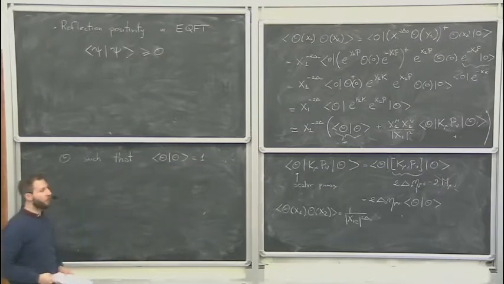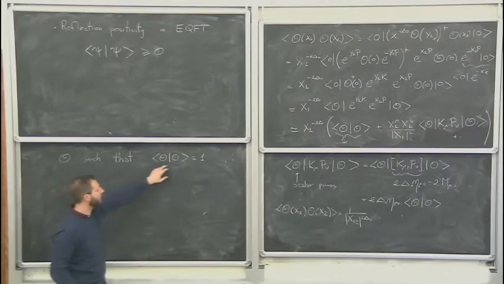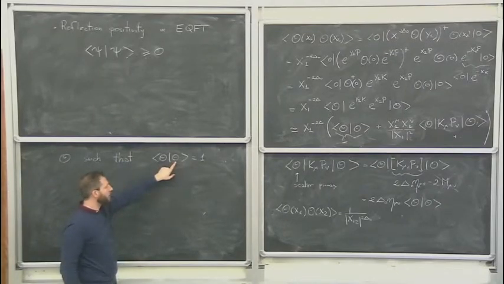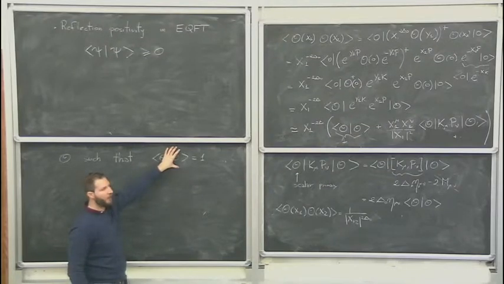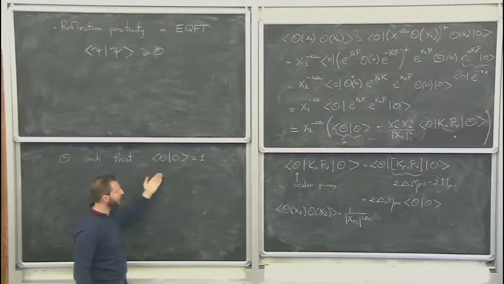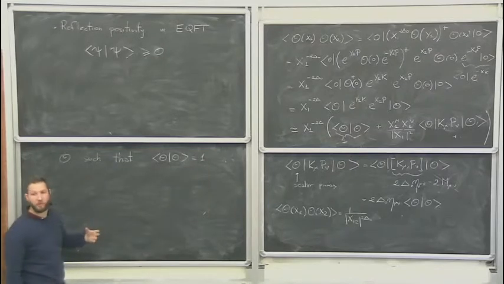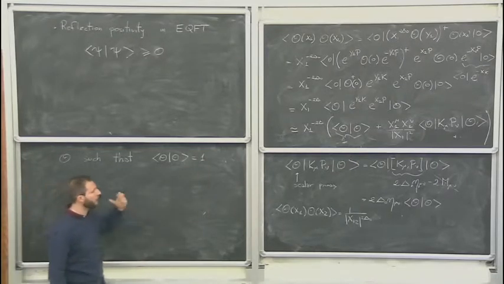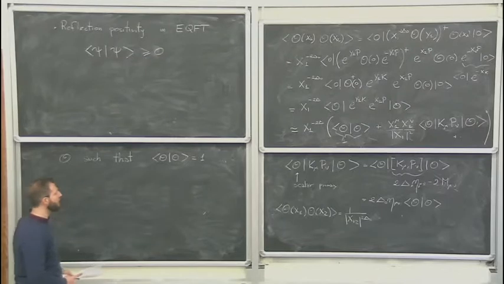And now you can ask the following question. Now that I fixed the normalization of the primary operator, is it guaranteed that all the other states that are in the same irreducible representation, namely all the descendants, also have a positive norm?